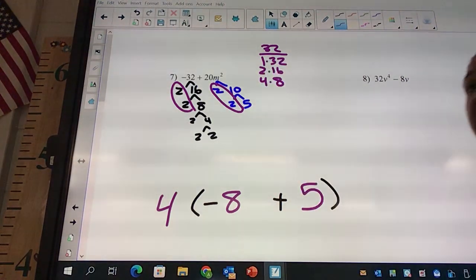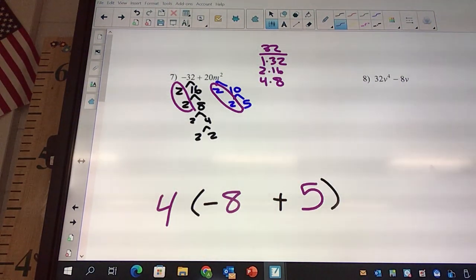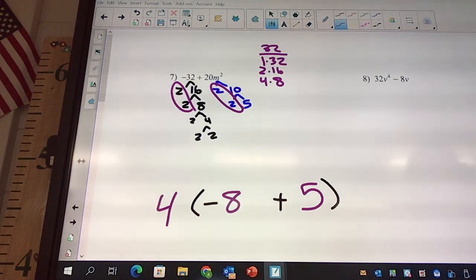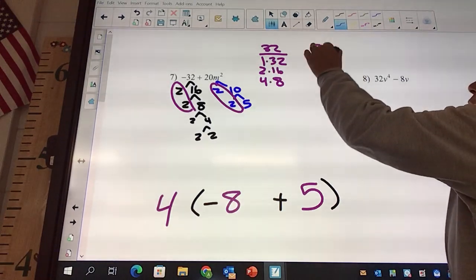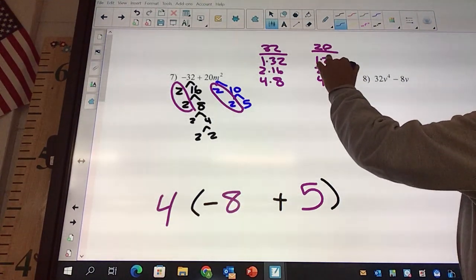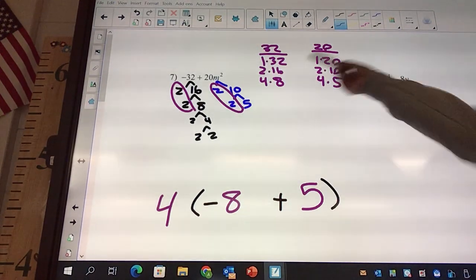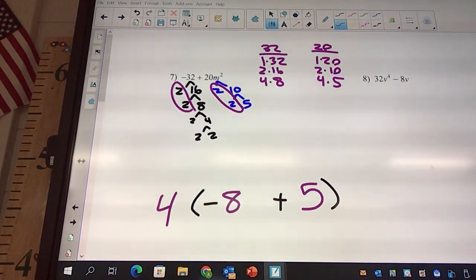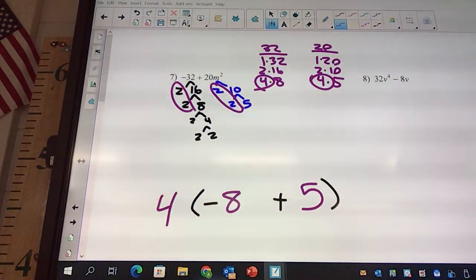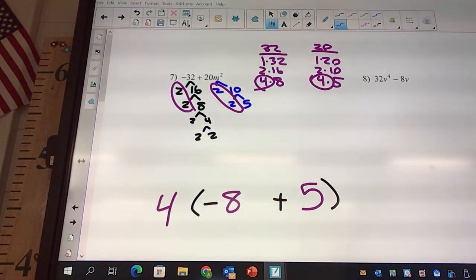Does 5? 6, 7, and 8's on our list. Let's look at 20. We got 1 and 20, 2 and 10, 4 and 5. What's the biggest number out of all these that can match? 4. So if you prefer doing it like this, then by all means do it like that.